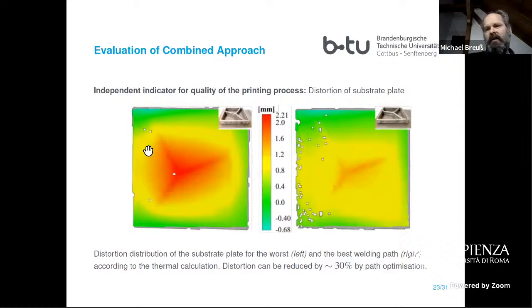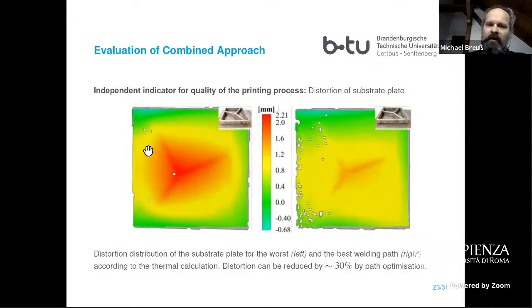What you can also do as a kind of indirect quality measure: when you print on the substrate plate, the heat is conducted very quickly from the printed material to the substrate plate. And if you want to consider what kind of material stress has been done inside the material, you can have a look at the material deformation of the substrate plate afterwards, and you can measure it.